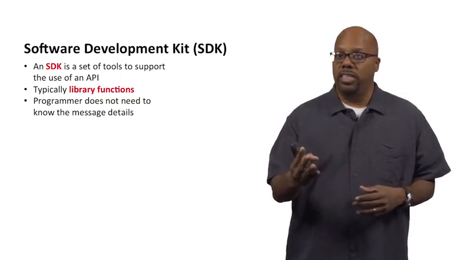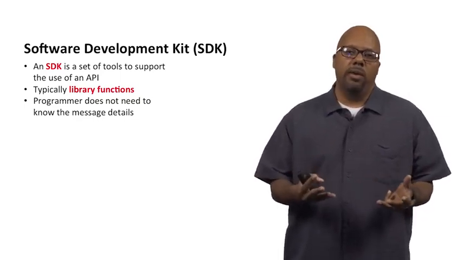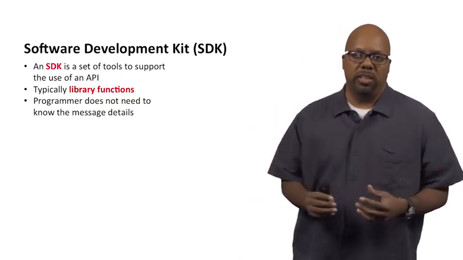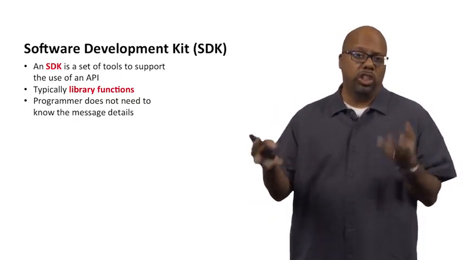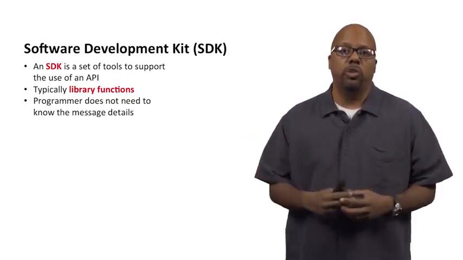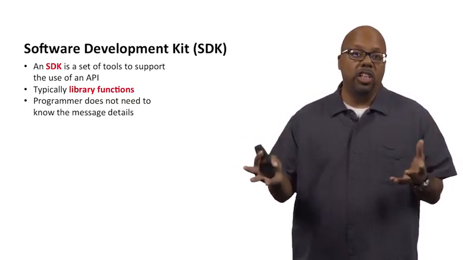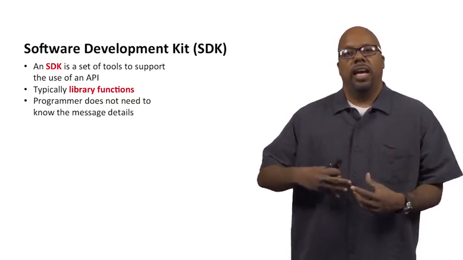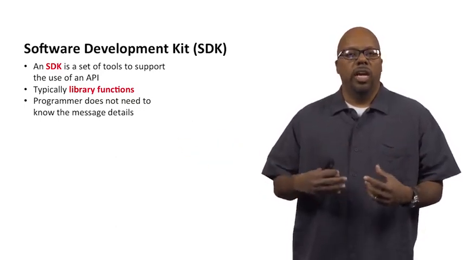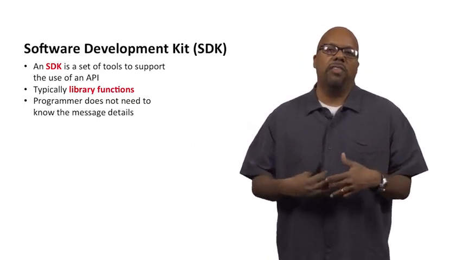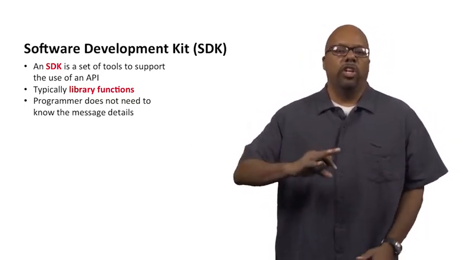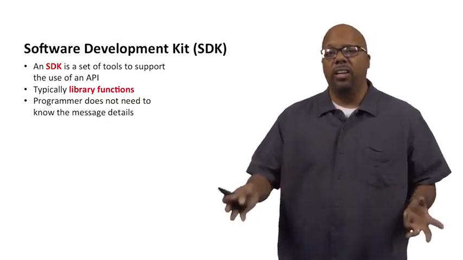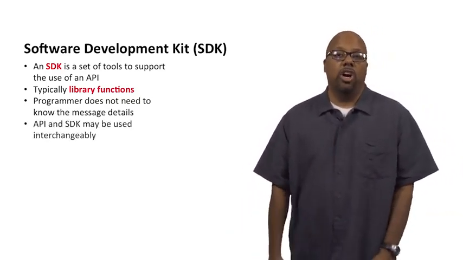Or if you had an SDK, the SDK might have a library function in there that says get map, a get map location or something like that, and then it just takes one argument, which is UCI, the name of the place you want. And then it's the job of that function to actually create the proper request message and send it out. So it makes it easier. If you have an SDK, you have these library functions where you don't even have to know the details of the API. You just call the library functions, and they handle all the details. So SDKs are good.